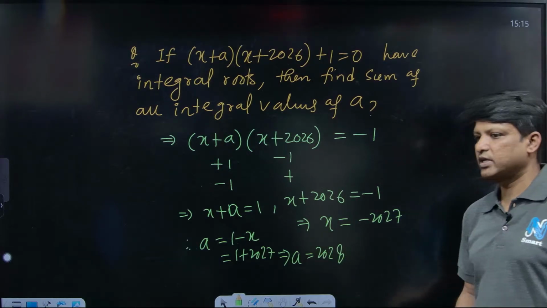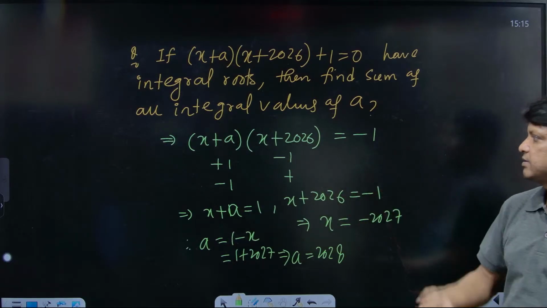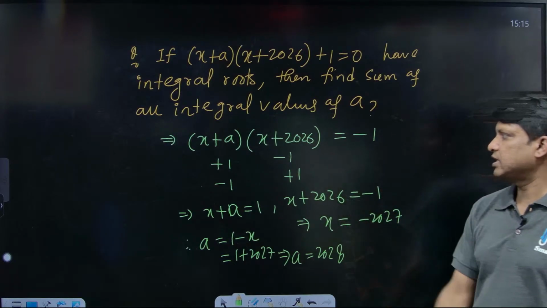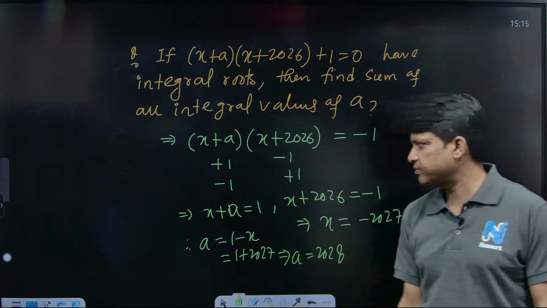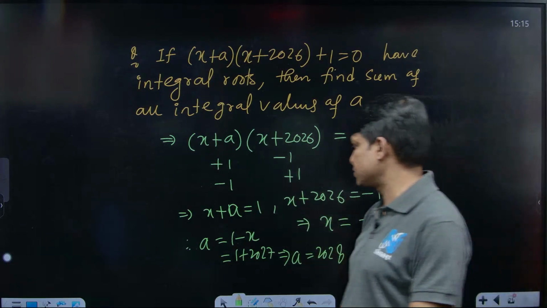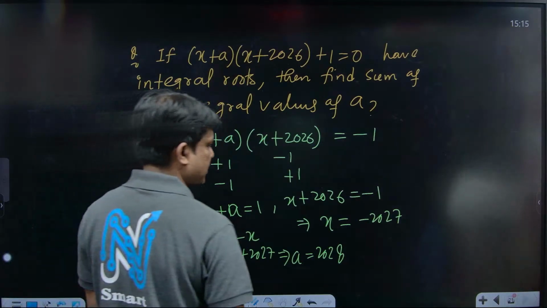In the other case, when x plus a is minus 1, then x plus 2026 is plus 1, that means x equals minus 2025, then a equals minus 1 minus x, which is minus 2026. In that way we can find all integral values of a.